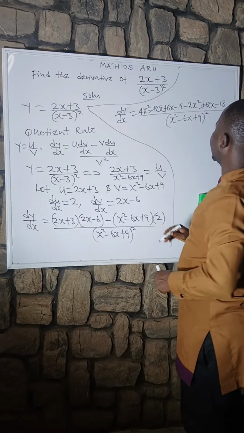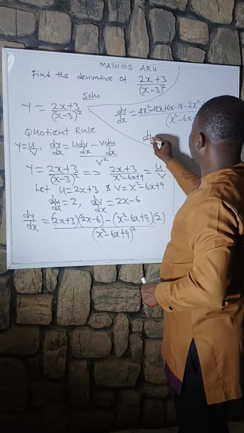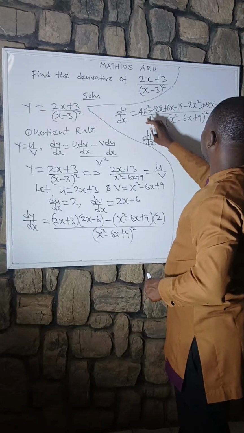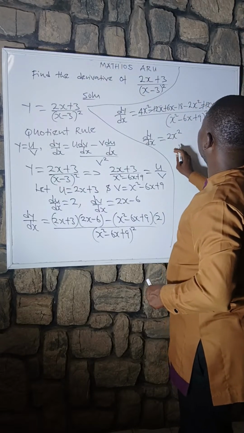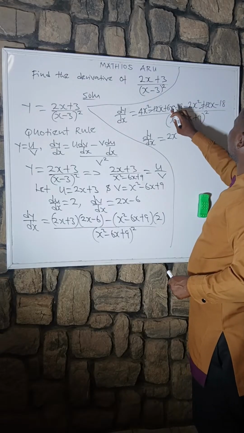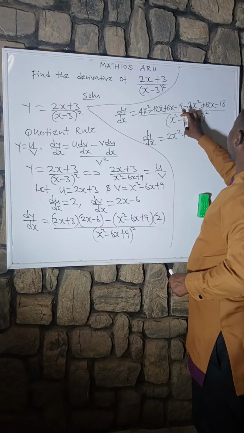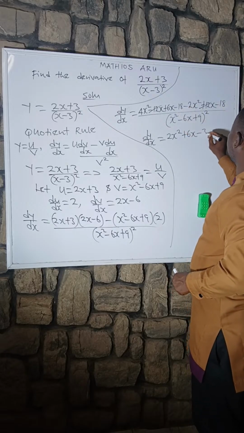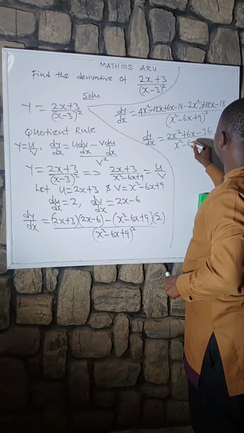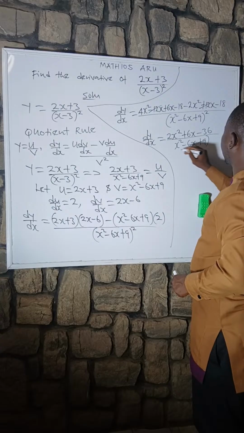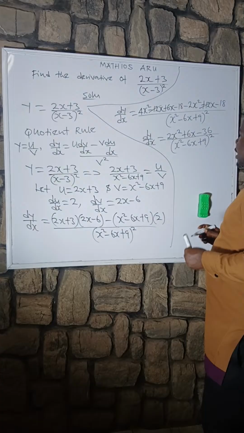So dy over dx is equal to 4x squared minus 2x squared, we are going to have 2x squared, plus 16x, minus 18 minus 18, which is minus 36, all over x squared minus 6x plus 9 raised to the power of 2. I think you can stop here.